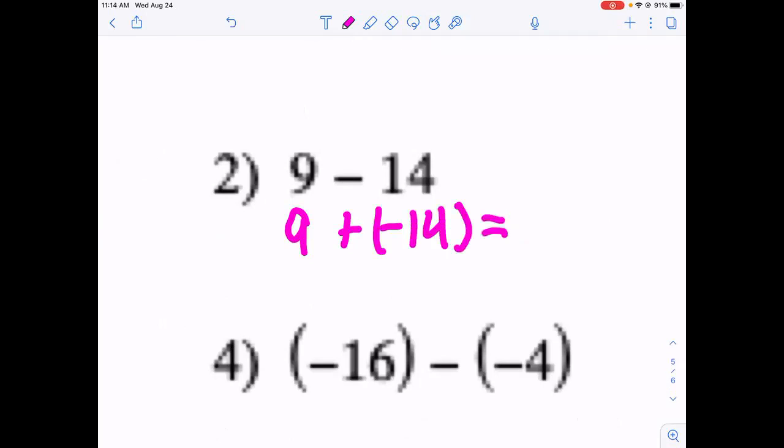We're adding two numbers that have different signs, so she subtracted and her answer is negative, -5. Does anybody disagree? Okay. So we have our keep, change. We're adding with two different signs, so we subtract. 14 minus 9 is 5, but we're going to keep the negative.